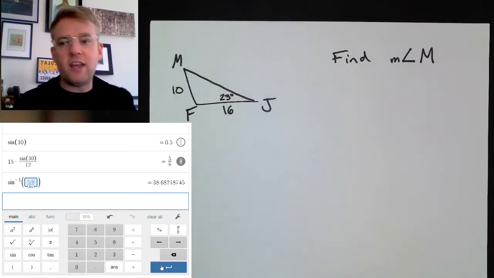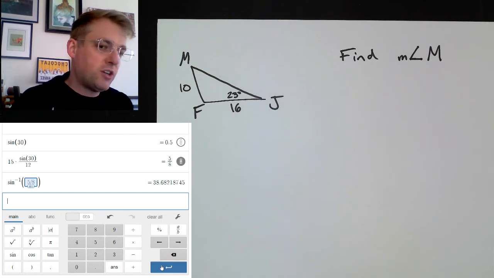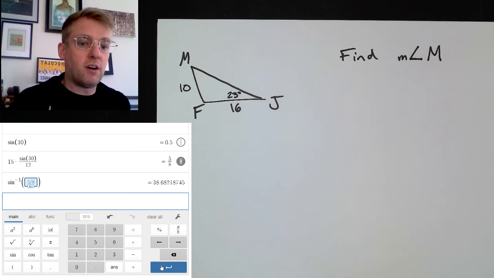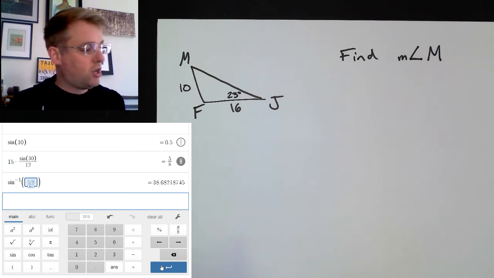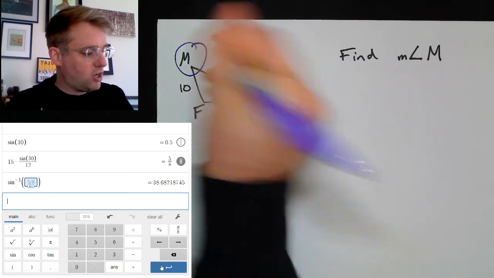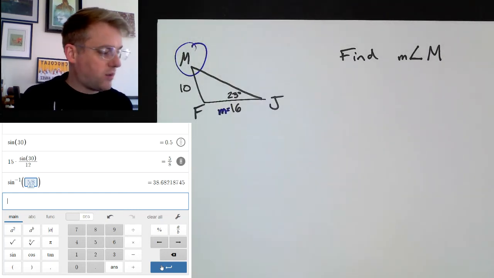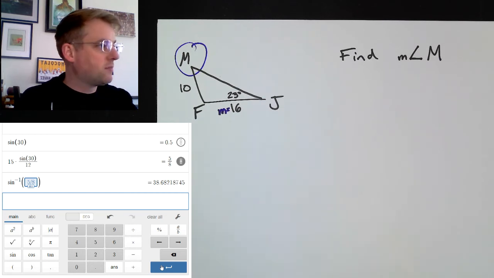All of the problems are set up this way, where you have just the right amount of information. So we need to write our two fractions that are going to make up our proportion for the law of sines. We're going to find the measure of angle M, which is here, and that's across from side M, which we'll recognize as 16.